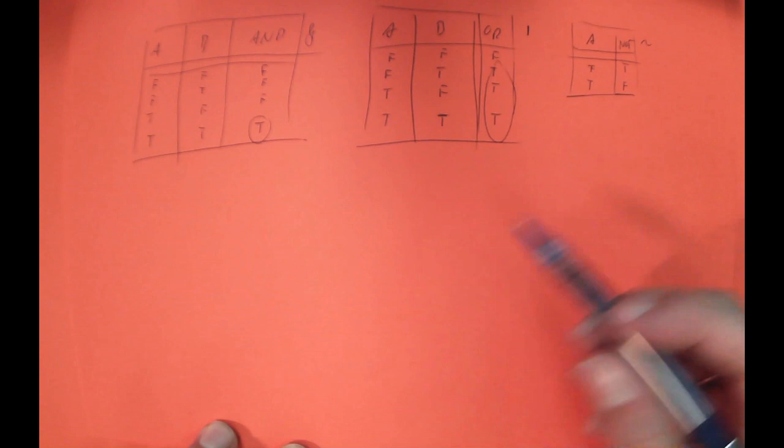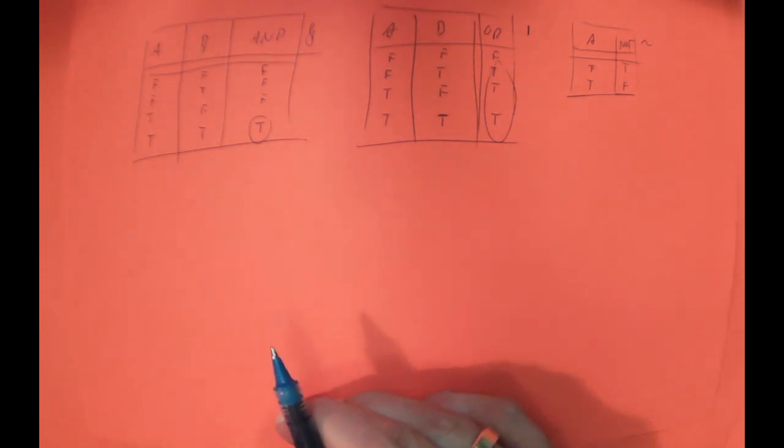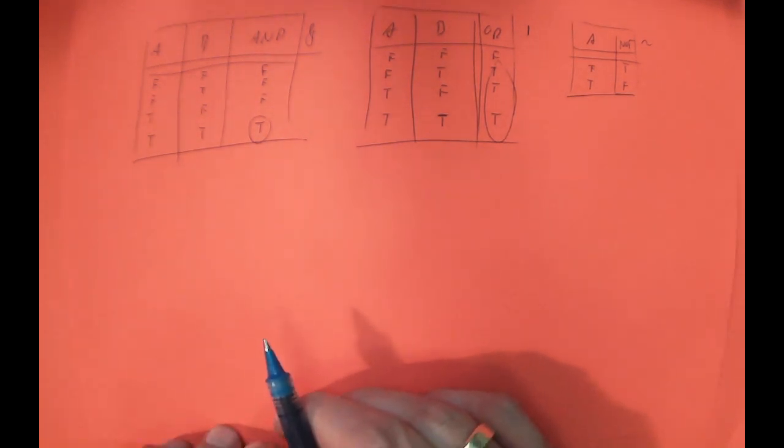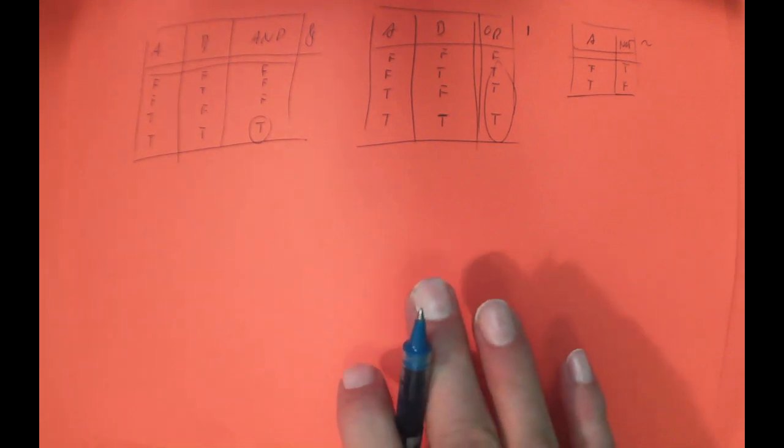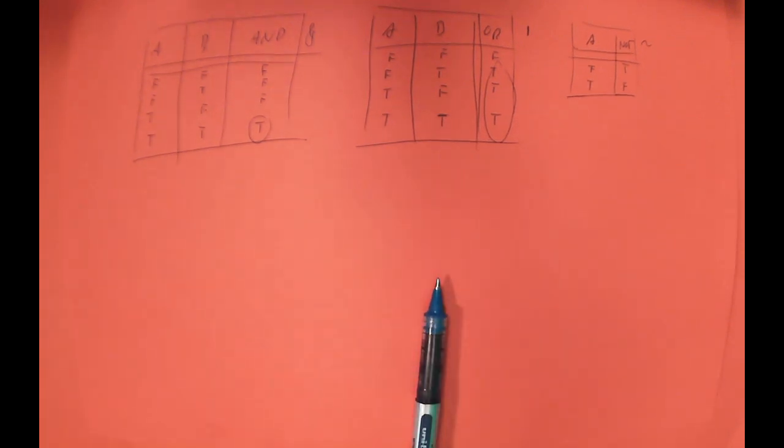So these are the three different combinations of and, or, and not. And this must be used in this case of combinations, so that you can have different statements where not only one condition is checked.